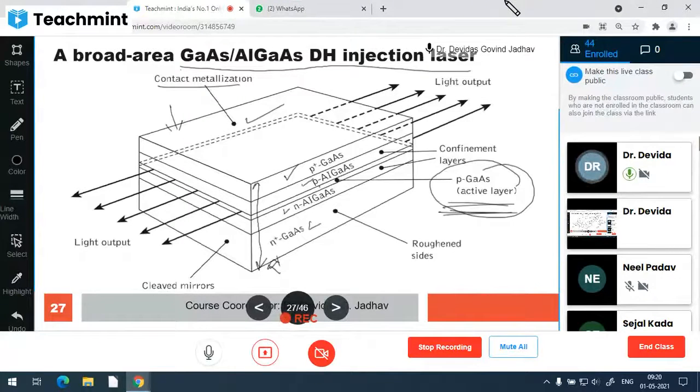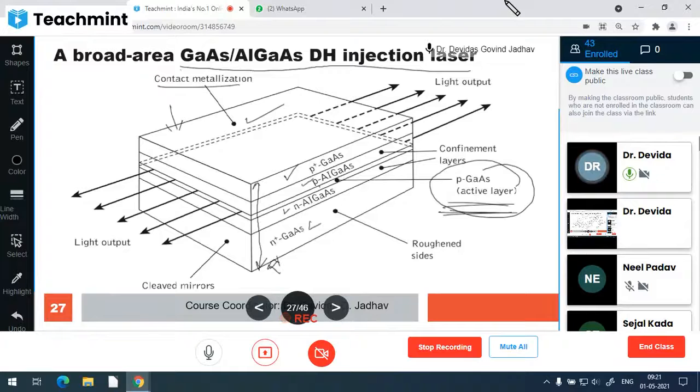N will have less electron density, and N plus will have more. Same is with P and P plus. P has some hole density, and P plus will have dense hole density. So all these combinations are used in making the laser diode structure.